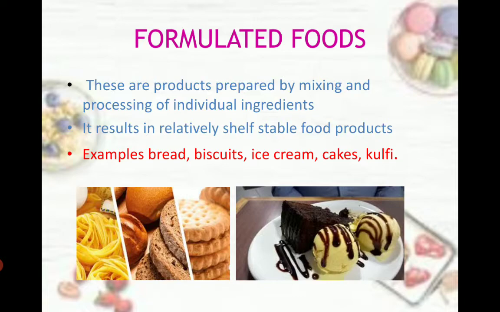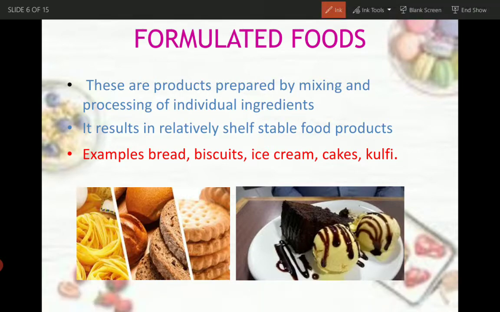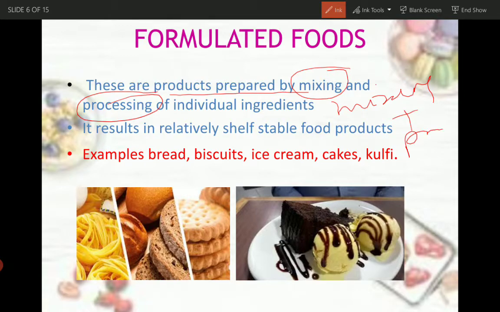Next, we come over to the formulated foods. What are formulated foods? These are the products prepared by mixing and processing of individual ingredients. Mixing and processing. So, here we have two things. The first is mixing, and the second is processing. And it results in higher shelf stability.